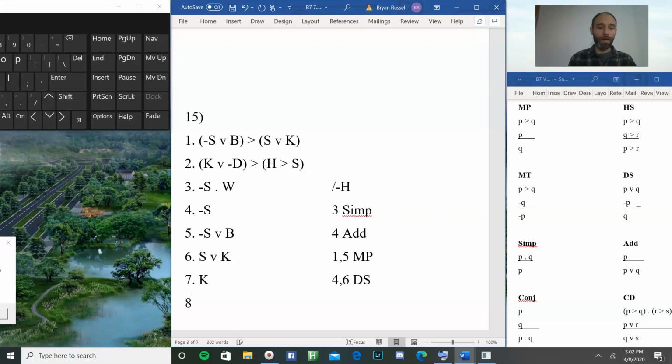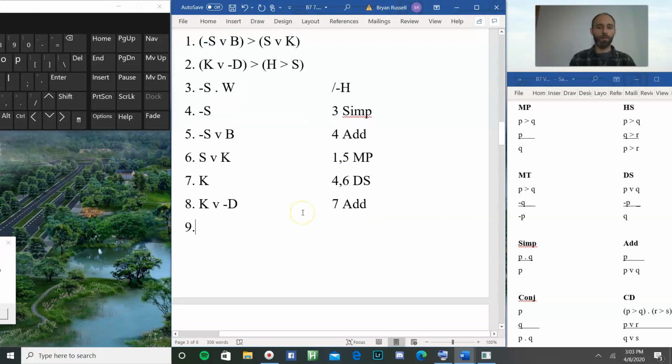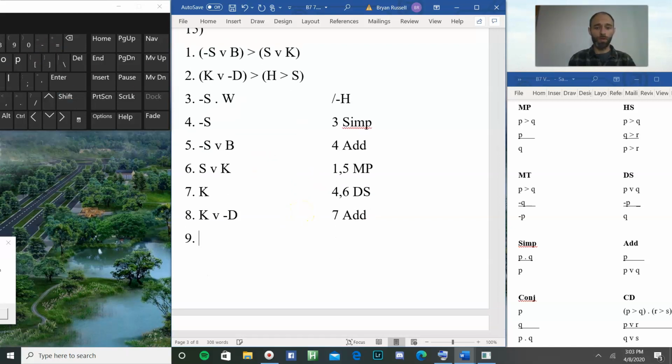And now that we have K on a line by itself, what we're trying to get is K wedge tilde D on the way to getting H horseshoe S. So how can we get K wedge tilde D from K? We can just go ahead and add it. And now that we have K wedge tilde D, we have the antecedent to line 2, so modus ponens will let us get the consequent.